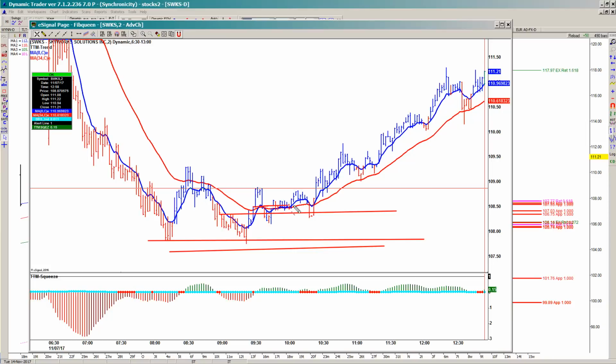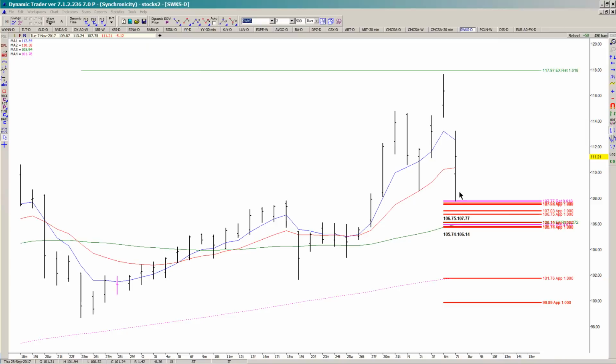So pretty much right over here, that was where we saw the first buy signals on a 2-minute chart this morning. At that point, your risk can be defined either just underneath this low or underneath the low end of the zone, which in this case the first zone came in at 106.75, so it would have been underneath that 106.75 support, the low end of the support.